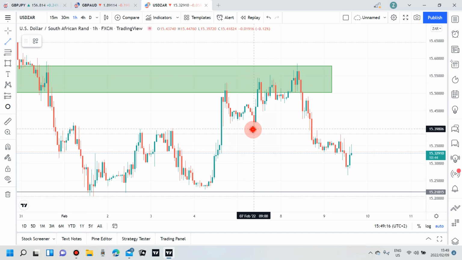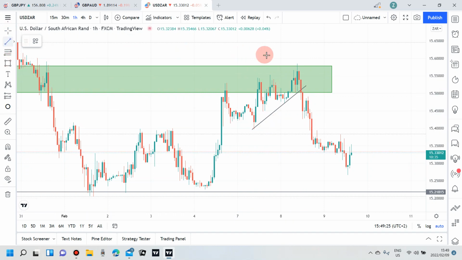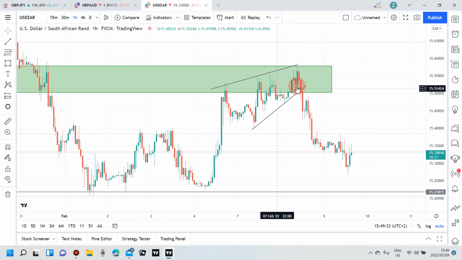The market gave us this beautiful ascending type pattern, and normally ascending type patterns break to the downside. You can see it broke to the downside.